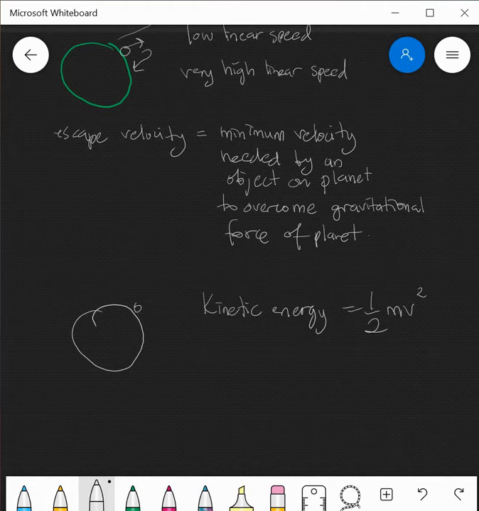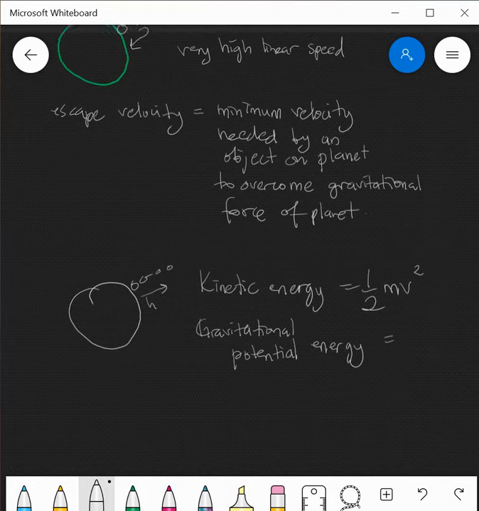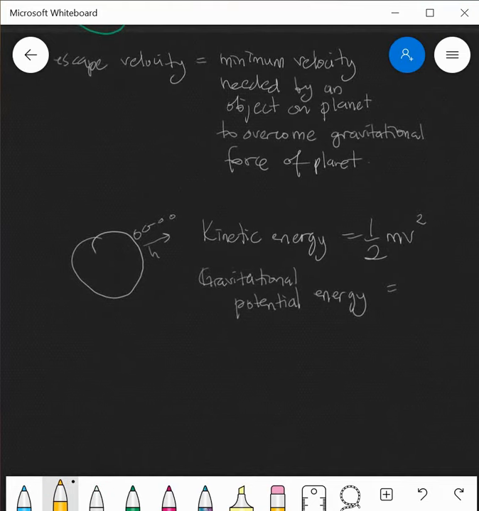And bila dia melompat ke, dia pergi jauh, as the height increases, it also possesses gravitational potential energy. Okay, so in your form 2, you have learned that gravitational potential energy is mgh, betul?